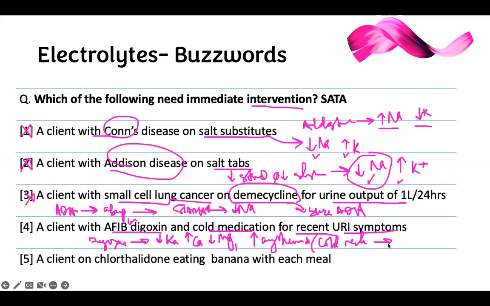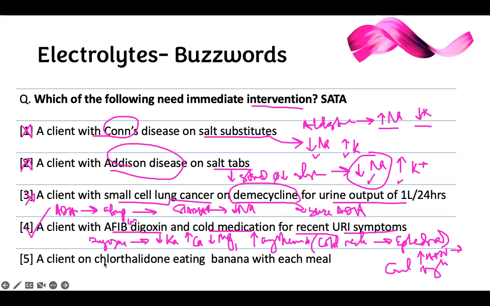All of them have ephedrine in them. Ephedrine will increase your blood pressure and it will worsen the cardiac arrhythmia of digoxin. So we need to tell them, you can't take ephedrine. They don't say ephedrine, but the cold medication has ephedrine in it that will cause cardiac arrhythmia and hypertensive urgency, and that will be a problem. So I need to see this patient.